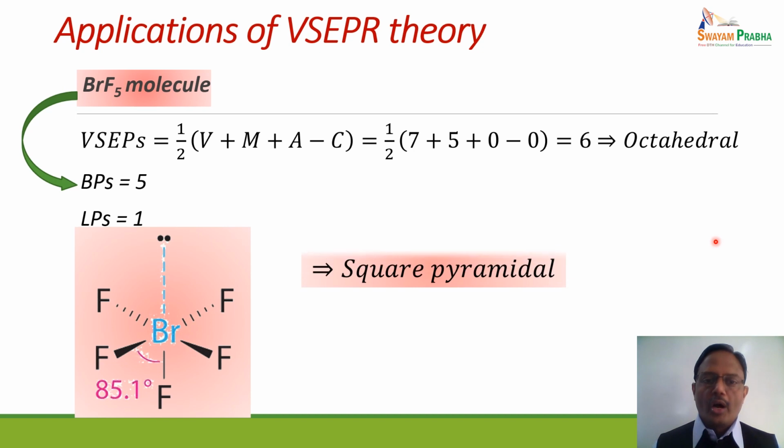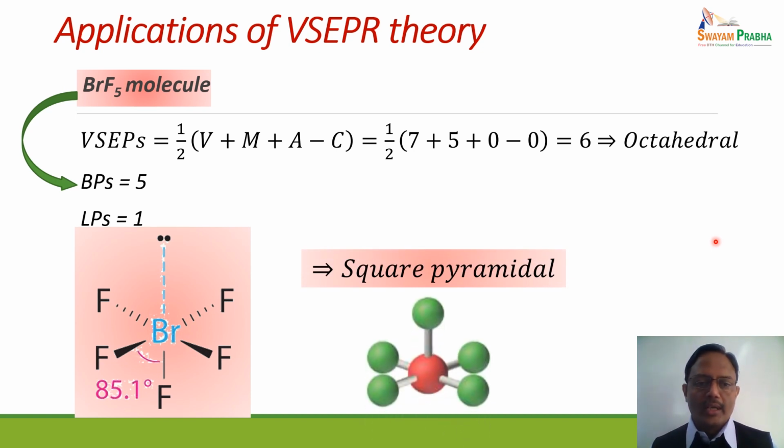And so the geometry becomes square pyramidal as shown over here. This becomes square pyramidal, but not exactly a regular square pyramidal, where bond angles are normally expected to be 90 degrees, but now the bond angles have been reduced to 85.1 degrees due to the lone pair present on the bromine atom.